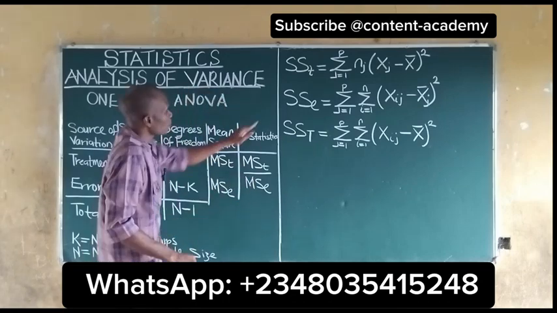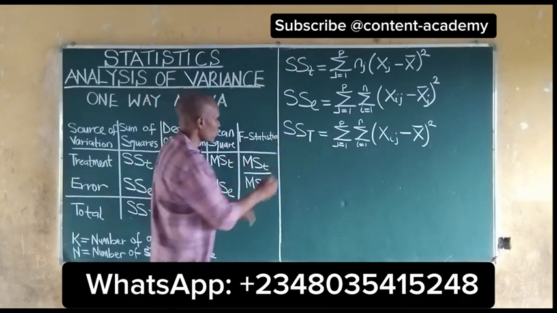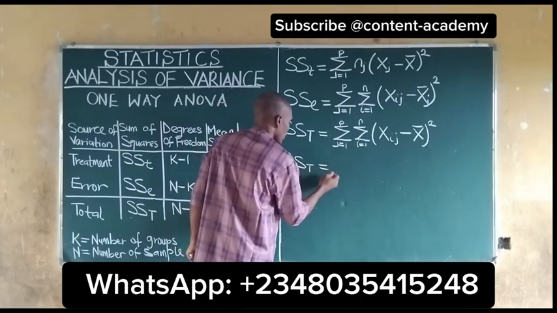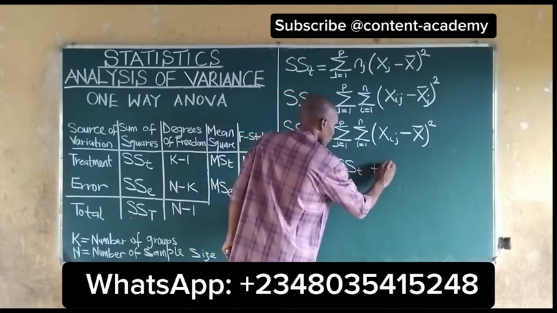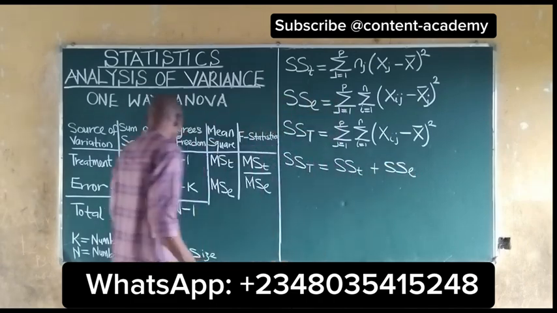Now, given the sum of square treatment and the sum of square error, the sum of square total can be calculated as the sum of square treatment plus the sum of square error. That means we can add these two to get this.